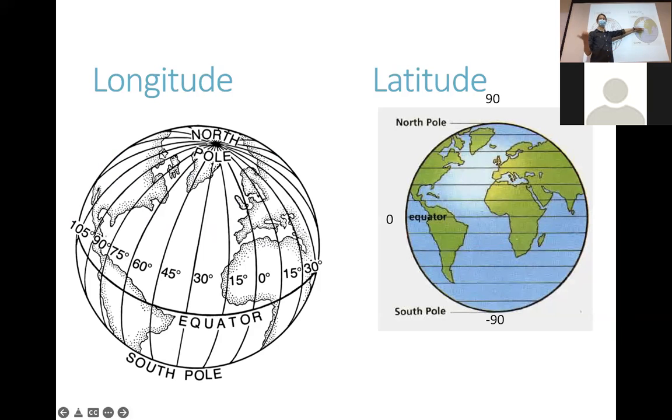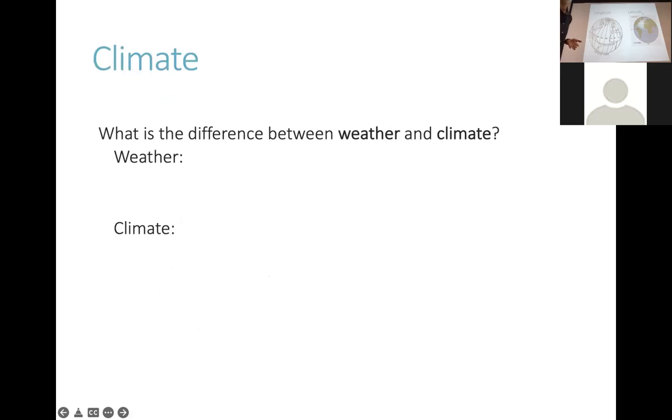The climate at the equator is very different from the climate at the poles, right? So the further away you are from the equator is going to change the climate and what lives there. So latitude has a lot more of an effect on the organisms and the habitat of an area.